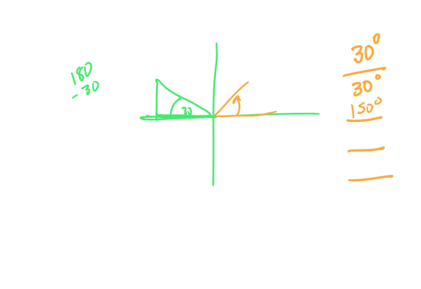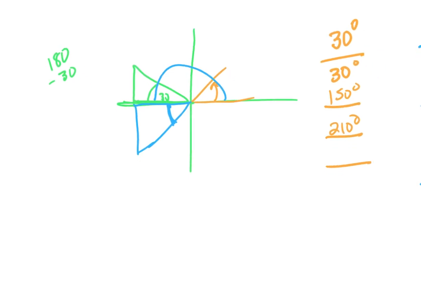And then our 30-degree reference angle in quadrant 3 means we're going down here and we're going 30 degrees more from a full 180. So if we do 180 plus 30, how much does that give us? 210, yeah. And then lastly, our 30-degree reference angle in quadrant 4 would create a triangle that looks like this, and this is our 30-degree angle.